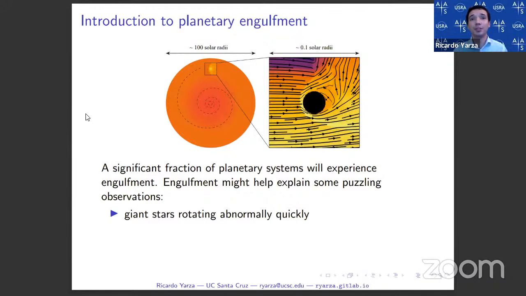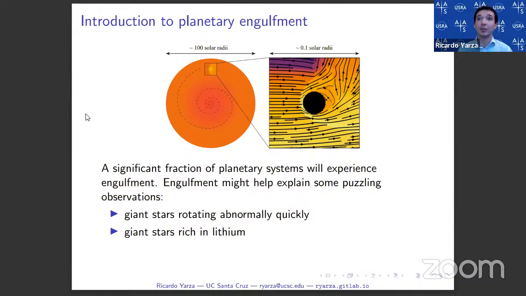And once you put the spoon inside the coffee and you start stirring it, you're obviously making the coffee rotate. So once the planet enters the star, it's kind of stirring it up from the inside. And there's a population of giant stars that have been found to rotate very quickly. And one of the possible explanations is that they engulf the planet and the planets stir them up from the inside.